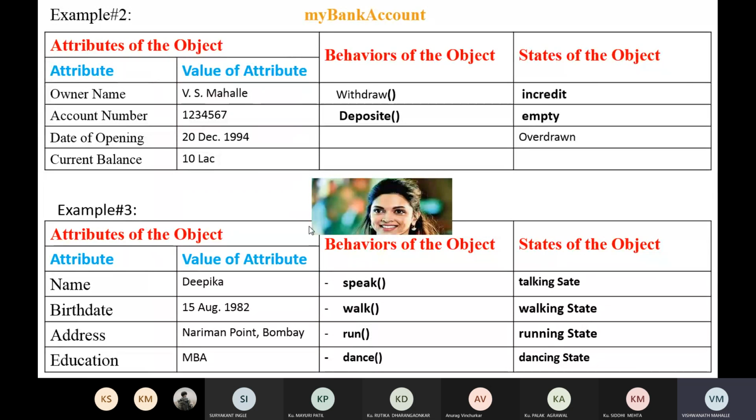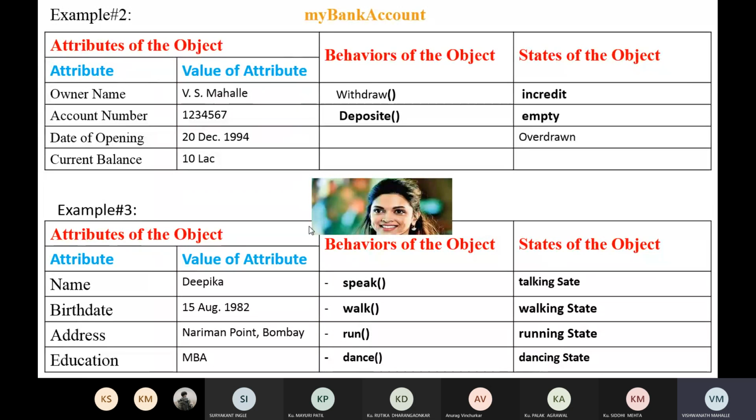Another example, the third example: I think, what is the name of that heroine? Deepika, correct. So Deepika has name, birth date, address, education. These are the attributes, and attributes have values: Deepika, date of birth, address, and their education is suppose MBA.